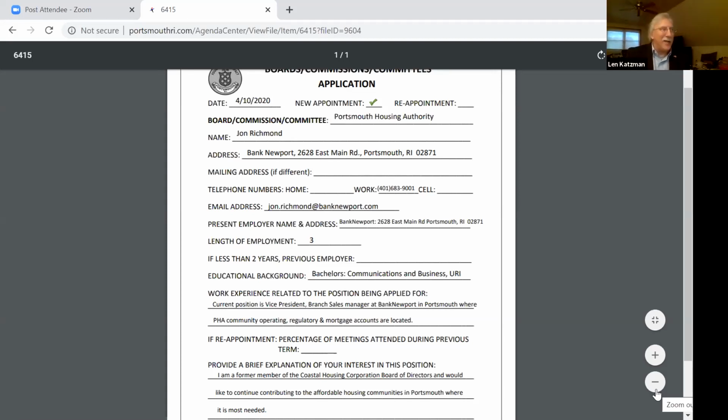And because the bank is the mortgage holder, if he were to be appointed, he would have to recuse himself from anything that might in some way interrelate to the relationship with his employer, which may be too many matters. So I concur that the applicant has his heart in the right place, no doubt. But I think we should pass on this one.